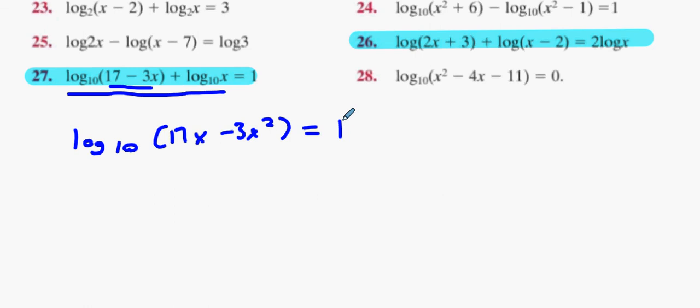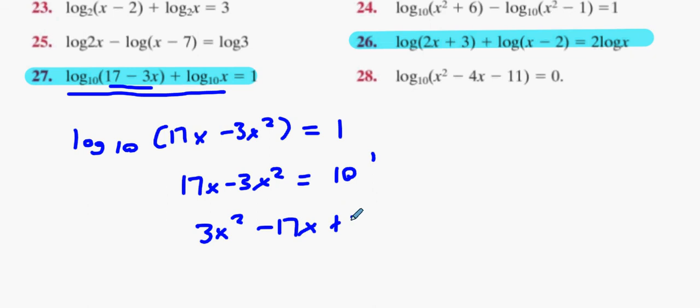Next step, I did it a second ago. 17x minus 3x squared on its own is equal to what? Anybody? 10 to the power of 1. The base number went up. Then you get 3x squared minus 17x plus 10 equals 0.